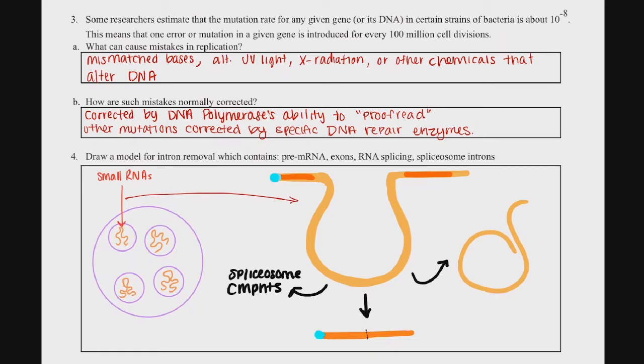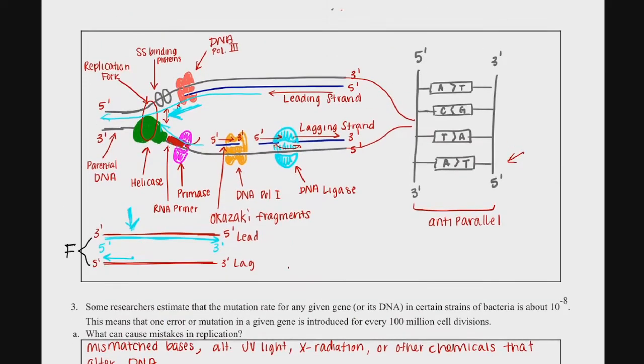This is the 5' end, this is the 3' end, and these RNAs are what just came off this DNA. I know this is getting muddy, sorry about that, but if we're trying to replicate that part of the DNA, let's say we just got our mRNA from there.